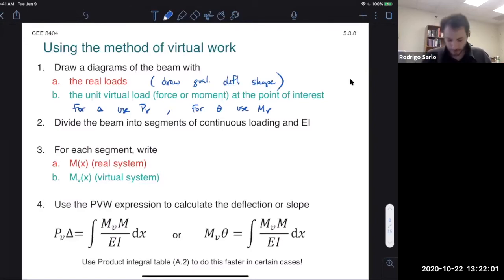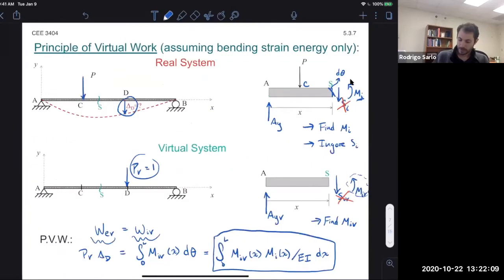Then number 2 is to divide a beam into segments of continuous loading, okay? I didn't touch that here, but that's fairly easy to see. It may be in some cases that I'll draw another little note here, okay?